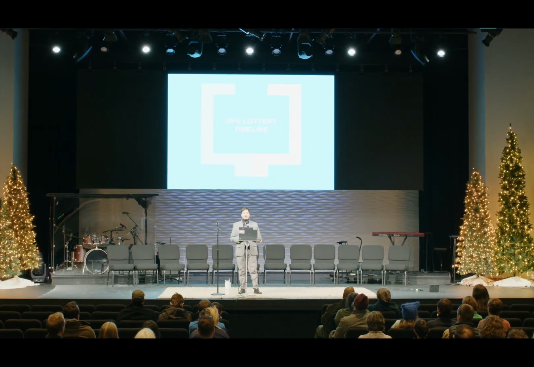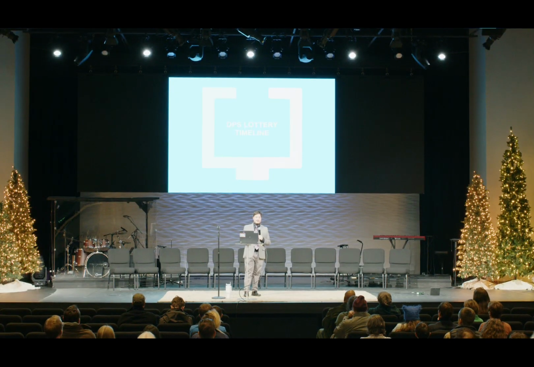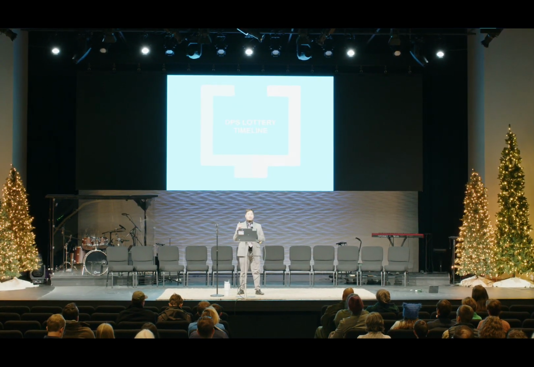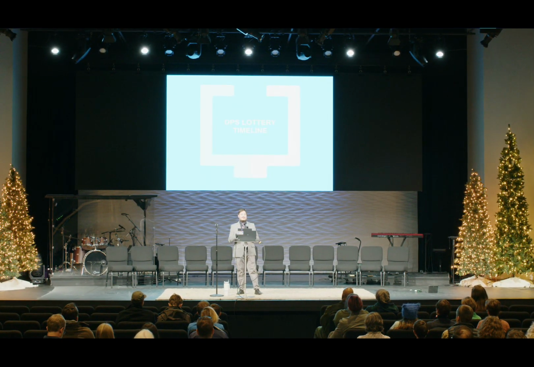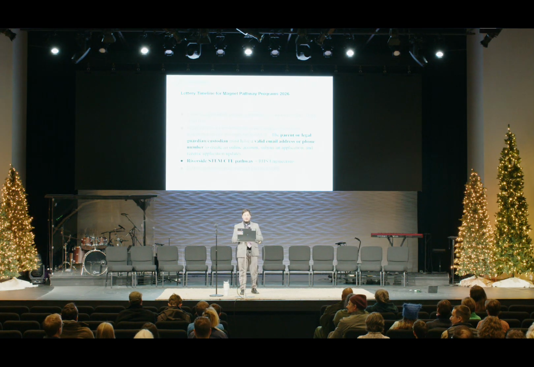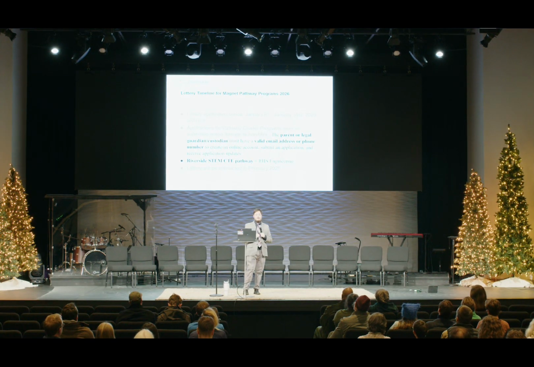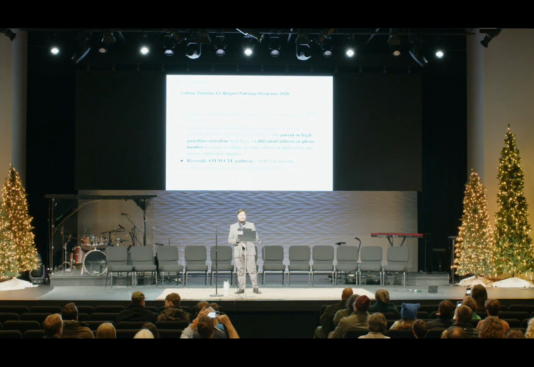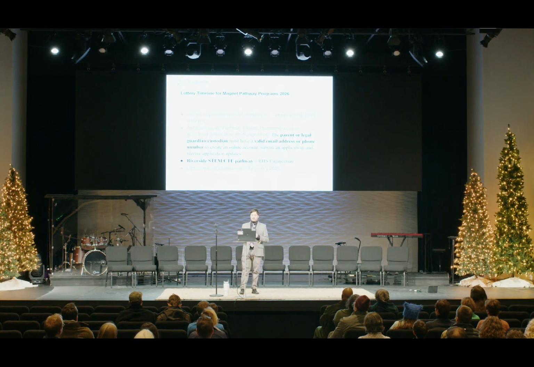All right, so let's talk about the DPS lottery. Raise a hand if you actually know the dates that the lottery runs. Anyone in here know? Anyone have a guess? Okay, nobody. Happy to tell you this. So, the lottery application period is from the 6th of January to the 31st of January, 5 p.m. Up to that point, you can apply to many different schools.